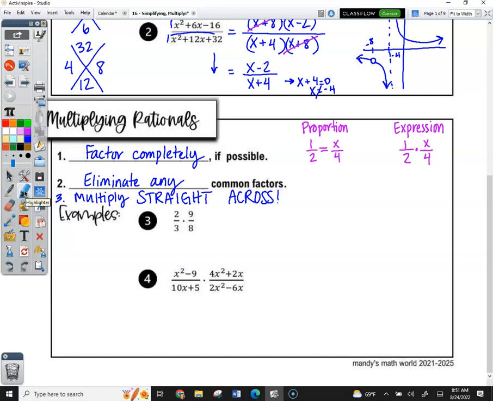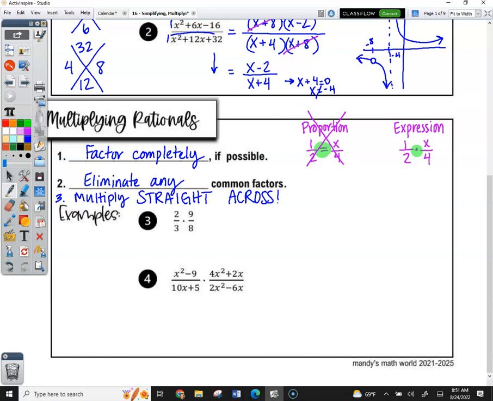The difference is this has an equal sign, that does not. That just says multiply. Alright, so this is what we're doing right here, expression. We are not doing a proportion right now. That's another day. We're just doing this. Okay, so look at it.